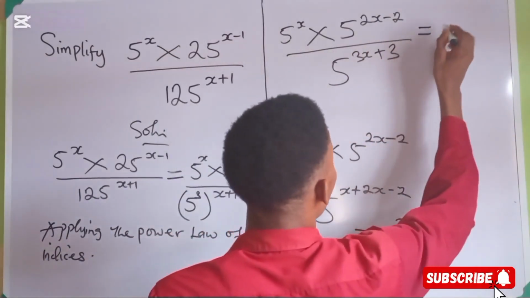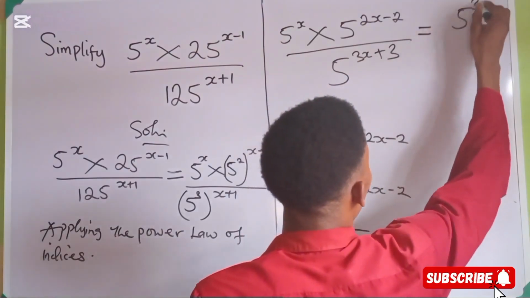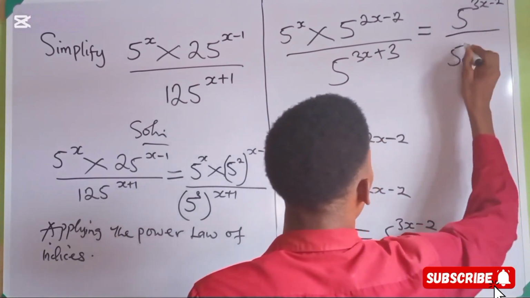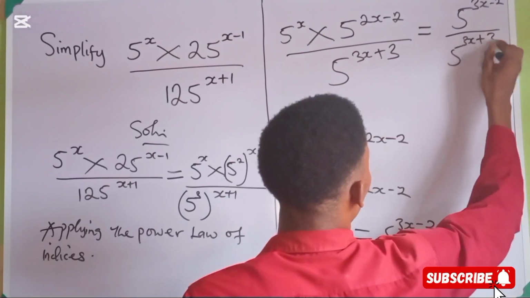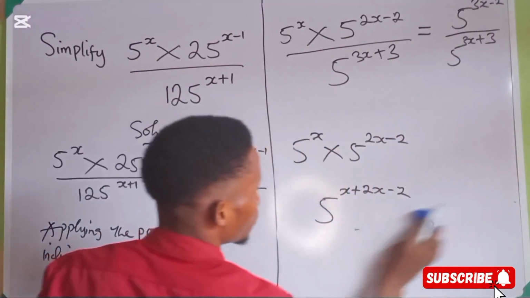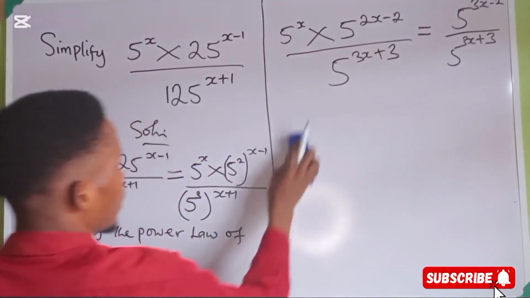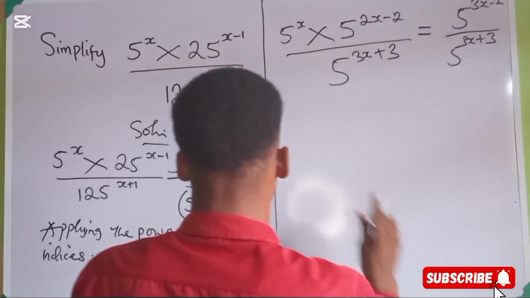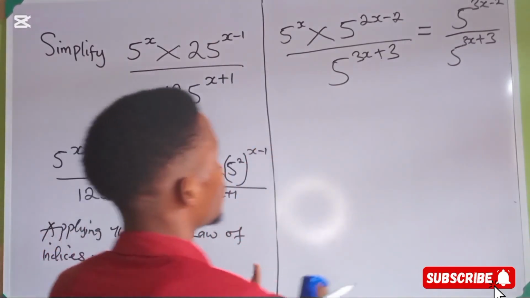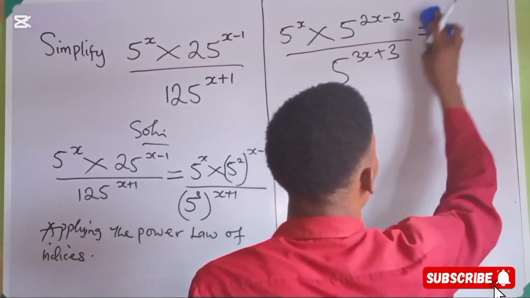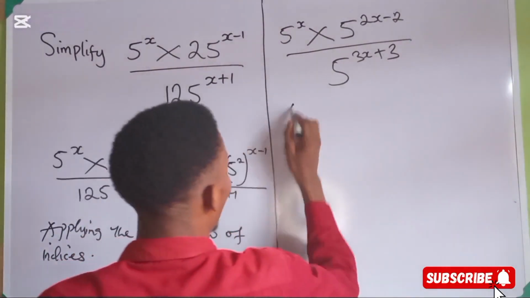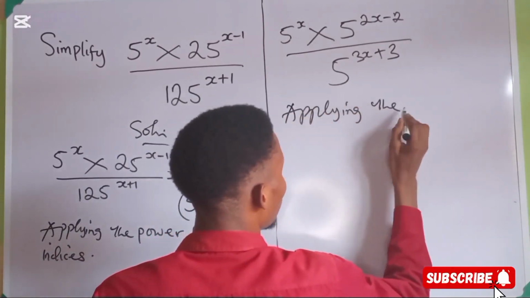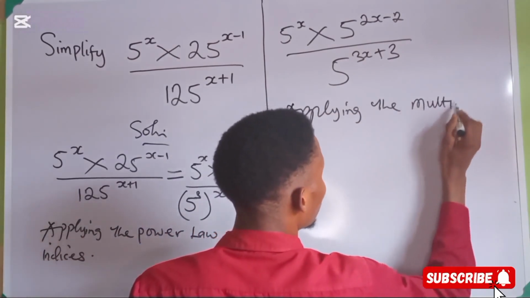So we'll have that this is equal to 5 raised power 3x minus 2, all divided by 5 raised power 3x plus 3. Do you understand? So that's what we're going to do there. So the next thing you do here is you've applied, let me write it, applying the multiplication law of indices.